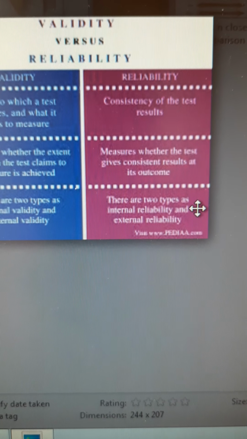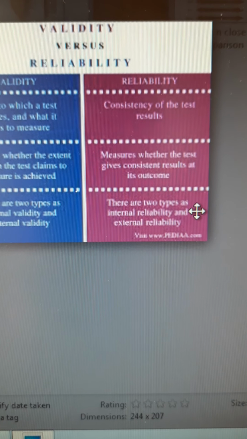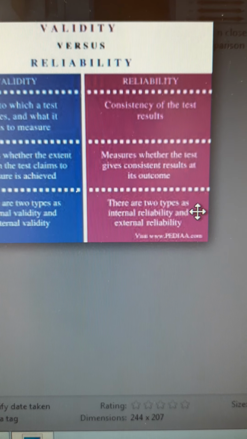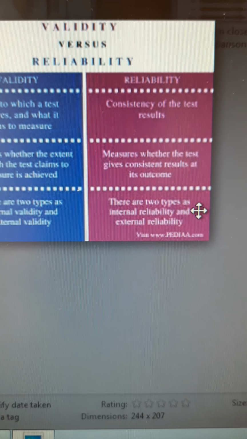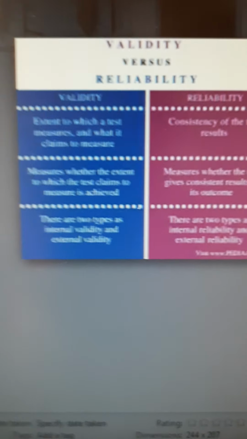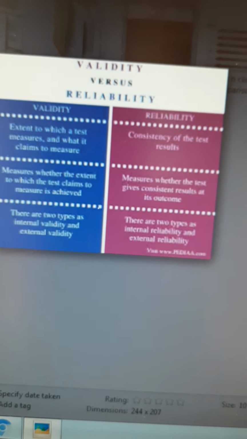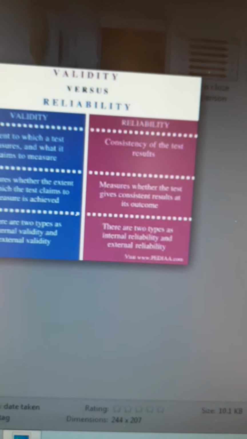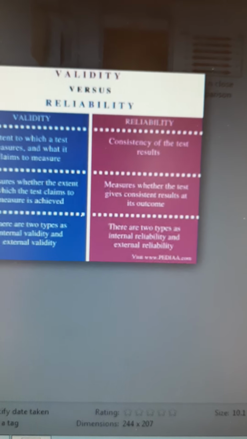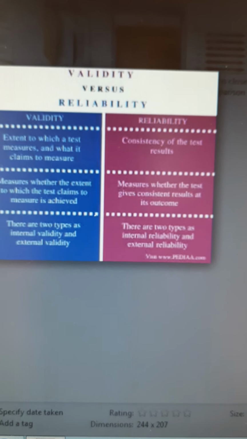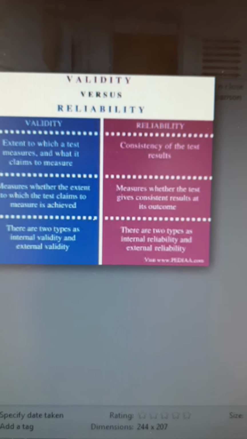Measuring whether the test gives consistent results. Okay. So again, this is reliability. So validity is the content, reliability is how people are perceiving the content and how they are able to understand it. Clear?